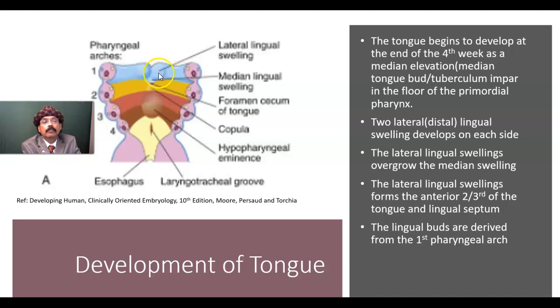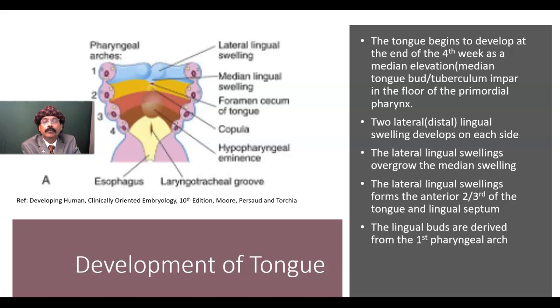Then what happens? Two lateral lingual swellings develop on each side of the median lingual swelling. Eventually, the lateral lingual swellings outgrow the median lingual swelling, or the tuberculum impar.